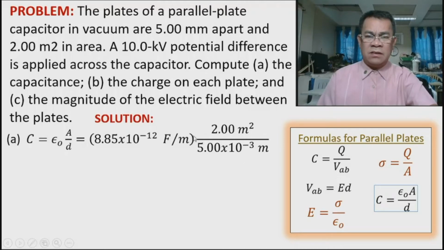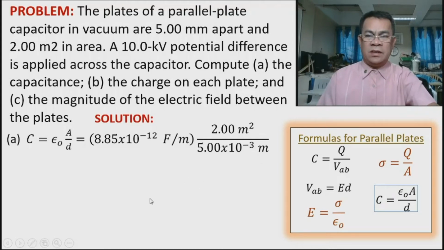This is the same as the unit of coulomb square per Newton meter square. Then multiply with the area. This is in meter already, so consistent. But the 5 mm should be converted to meter, so you have to raise it by negative 3 because the negative 3 exponent is for meter.